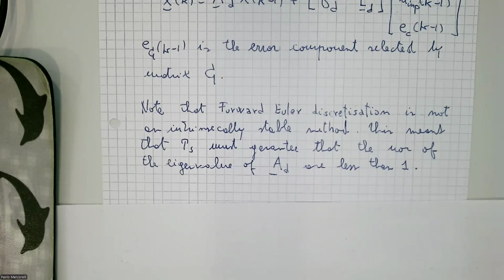Here we know everything about that. Note that the forward-Euler discretization is not an intrinsically stable method. Remember this. This means that TS must guarantee that the magnitude of the eigenvalues of AD is less than 1. Okay.